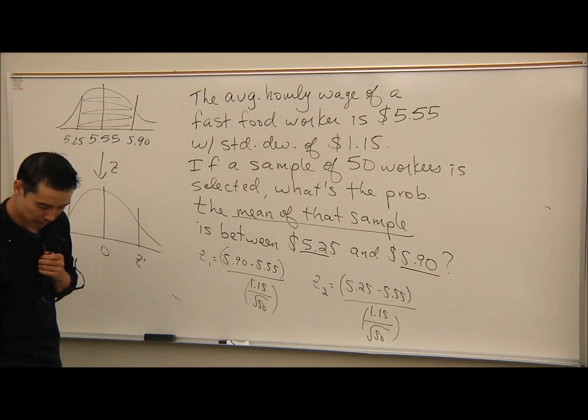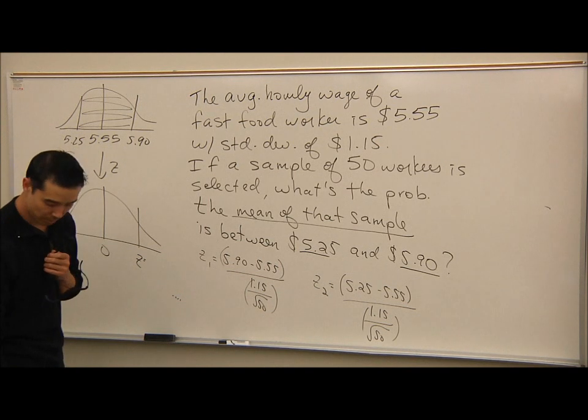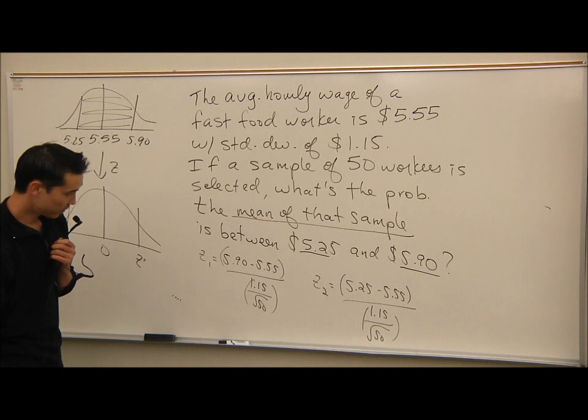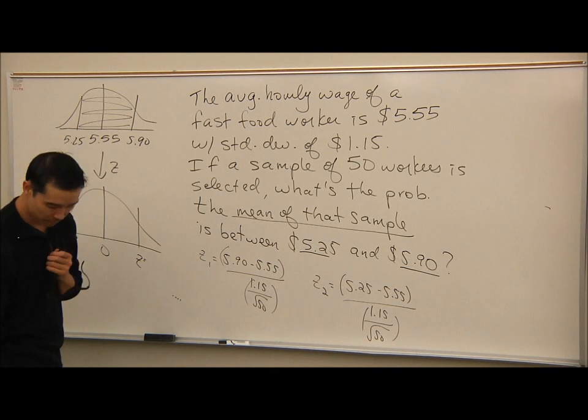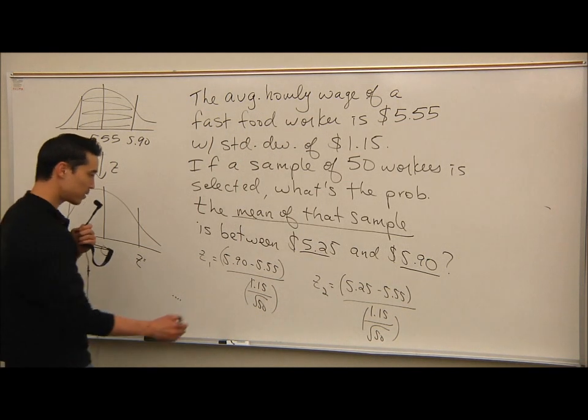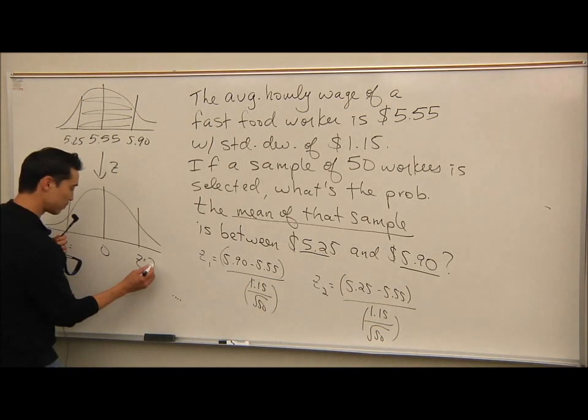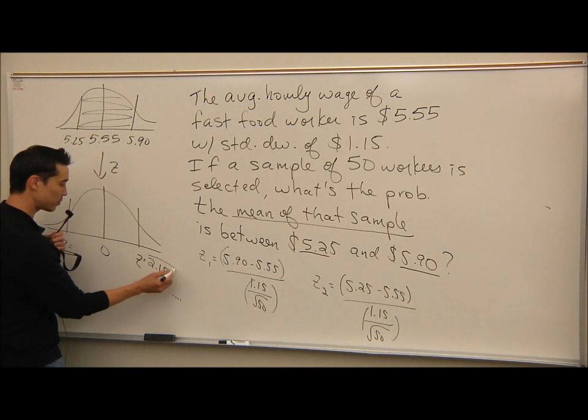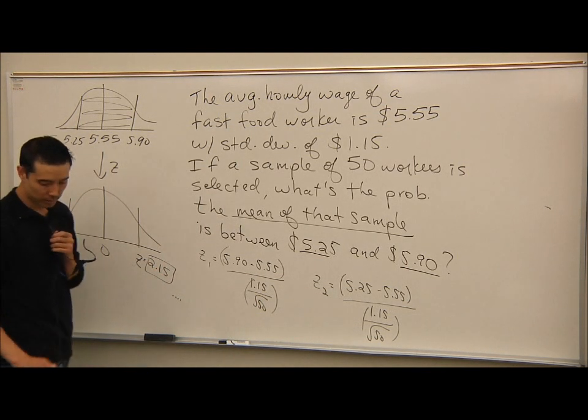So let's calculate these real fast. Be super careful with parentheses. So we have 5.9 minus 5.55, and then open up our parentheses when we do the division. And did you guys get about 2.15 for this one? So approximately 2.15 for the right z-value.